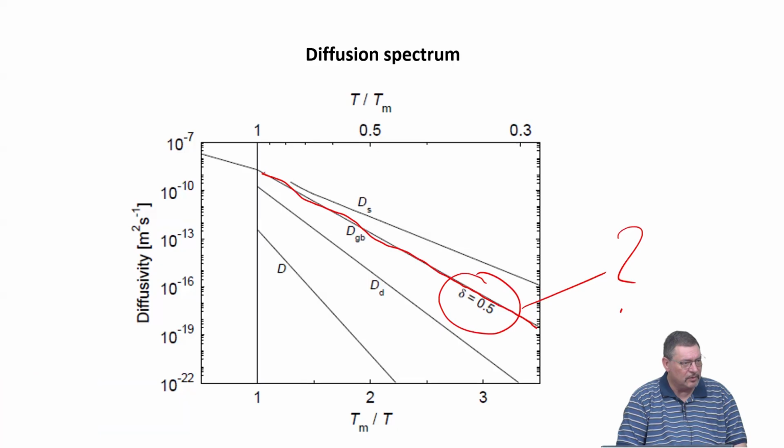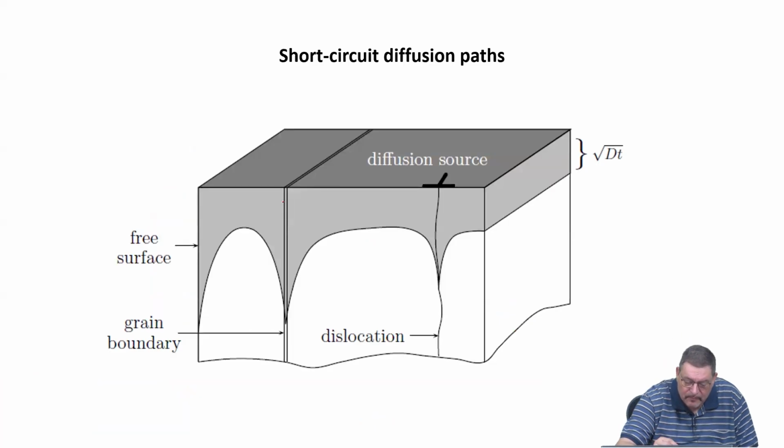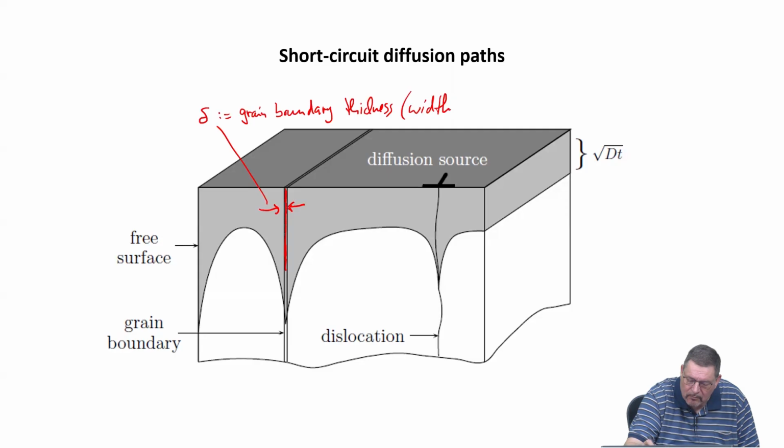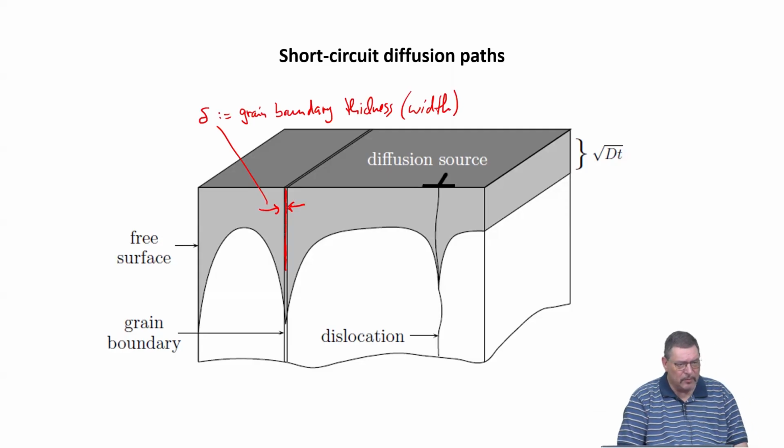When we think about this grain boundary diffusion process, there is a geometric feature coming into play, right? It's the grain boundary thickness or width.